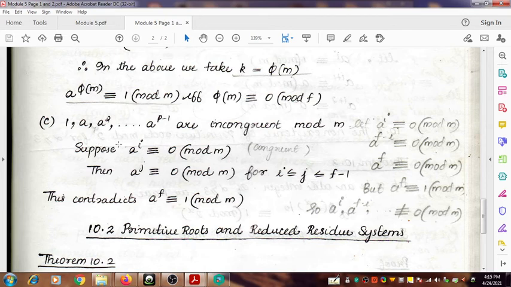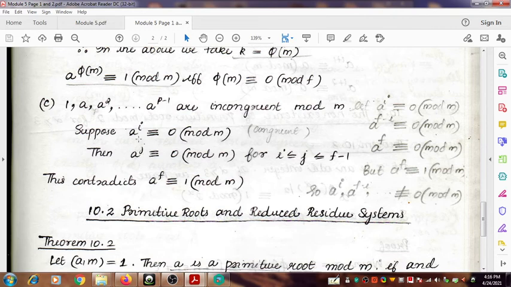Actually, it is not a raised to i minus j, it is not properly written there. Then you can transfer one quantity from one side to the other side, and we get that a raised to i minus a raised to j will be congruent to 0.